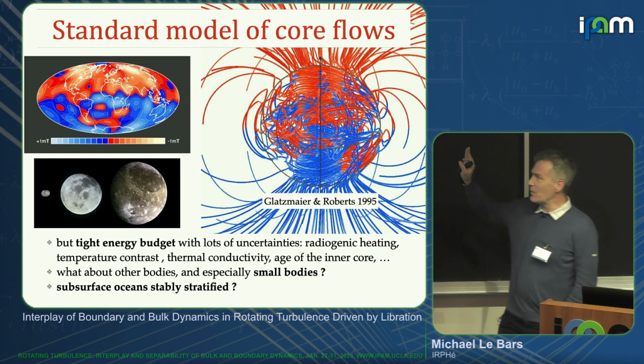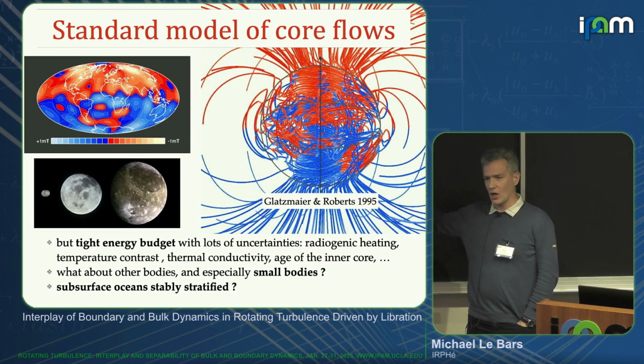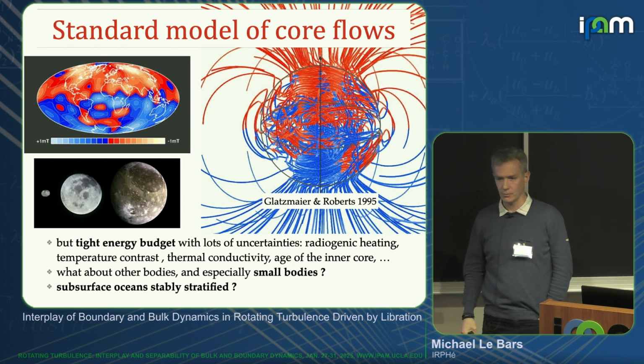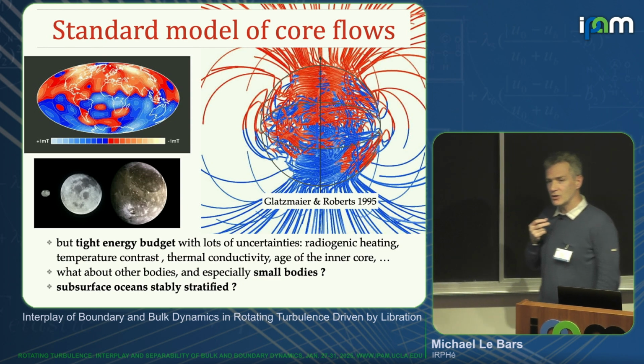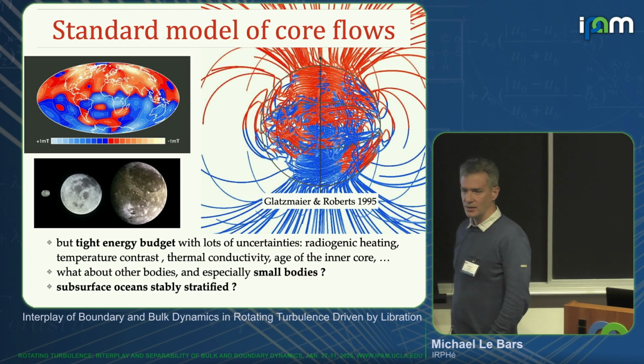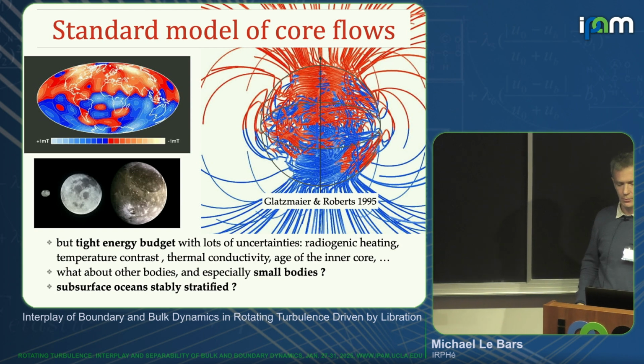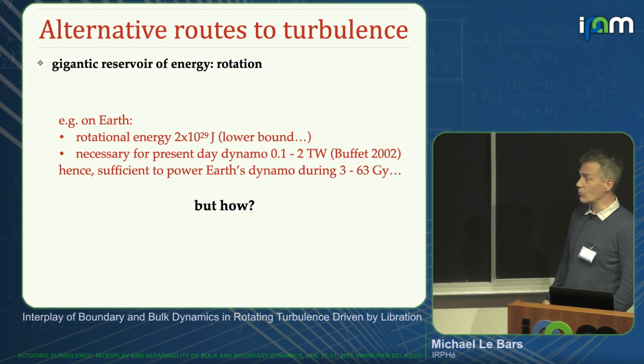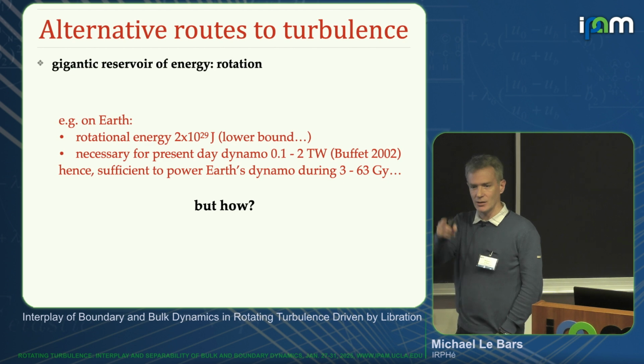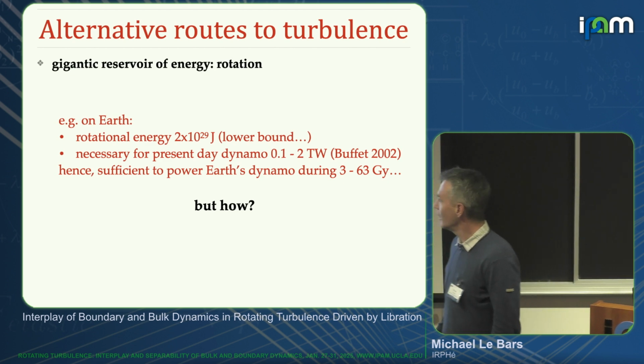So the point is that maybe it's not buoyancy-driven flow which is driving all the flow in cores and subsurface oceans. So if it's not the heat escaping the planet, then you need another source of energy. And actually there is one very obvious: all planets and stars, everything is rotating.